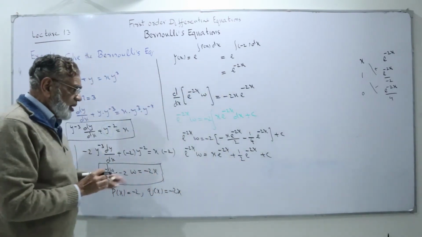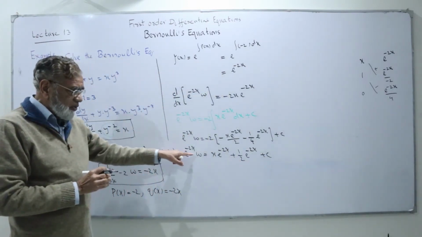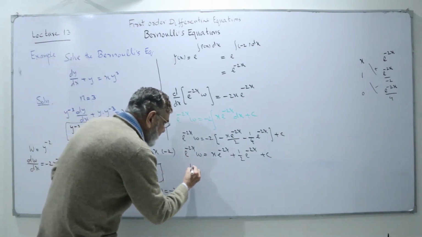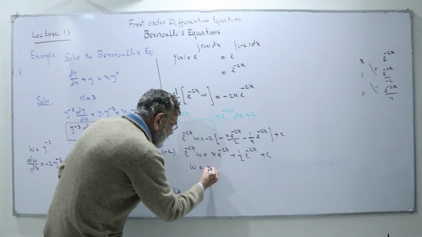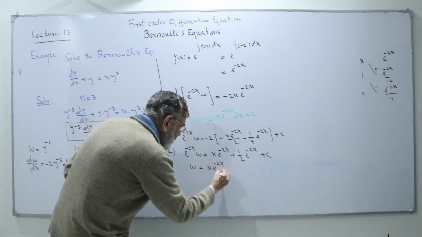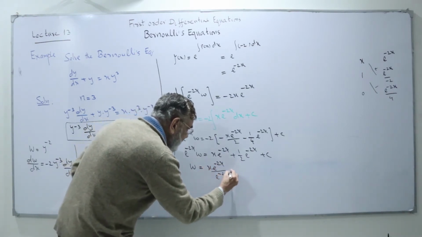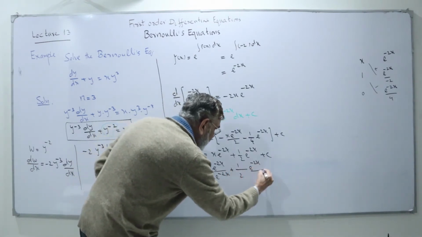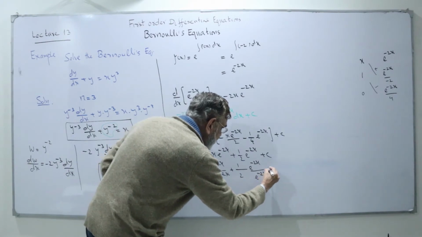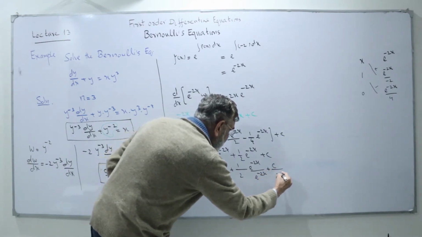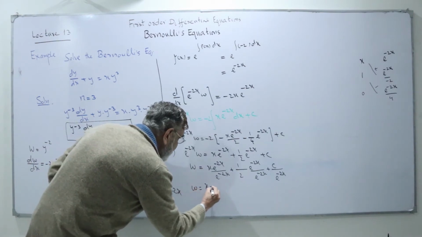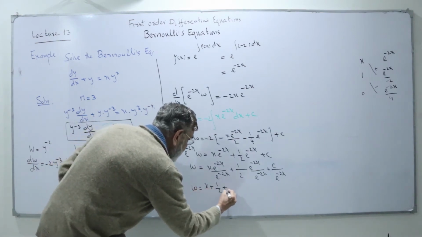Now, to find the coefficient without e to power minus 2x, we divide by e to power minus 2x, we get w is equal to x e to power minus 2x over e to power minus 2x plus 1 by 2 e to power minus 2x over e to power minus 2x plus c over e to power minus 2x. We simplify this one, we get w is equal to x plus 1 by 2 plus c e to power 2x.